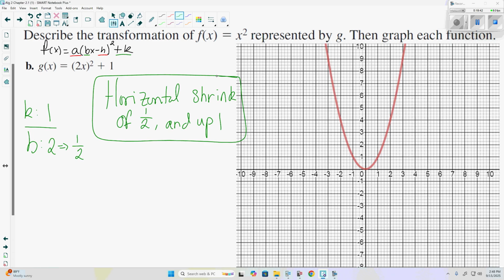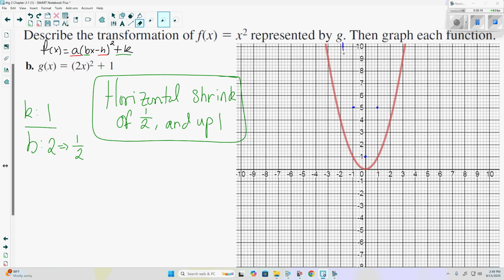and up 1. Now if I put this here on our graph and showed it, because it wouldn't be at 0, 0, we would move it up 1. Now since it's a horizontal shrink, it means it's going to be closer to the y-axis. It's not going to go as fast along the x-axis. And our next points would be there.